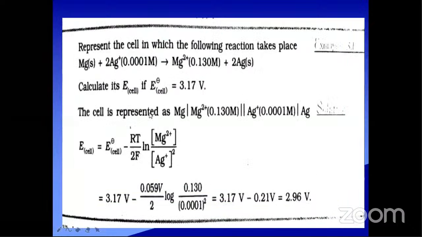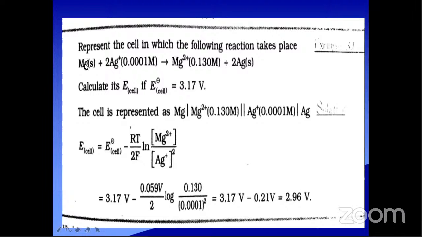So E naught cell is given, so we have to substitute the E naught cell value here. E cell equals E naught cell. E naught cell value, how much? 3.17 volts. So I substituted 3.17 minus. RT by F value is fixed, that means this is constant, because this is also standard condition. So 0.059 by N, where N indicates the number of electrons involved in the chemical reaction.